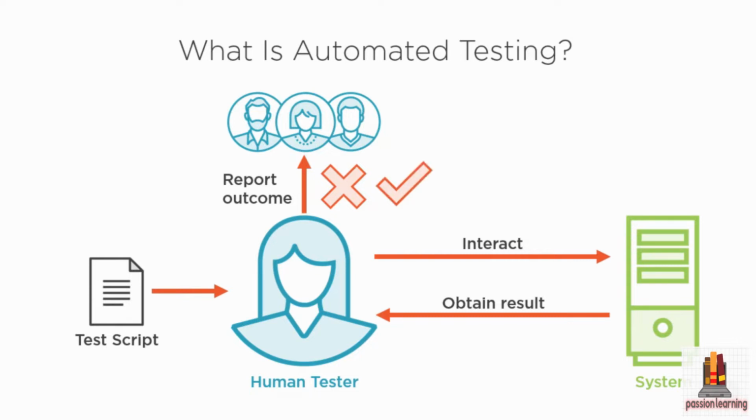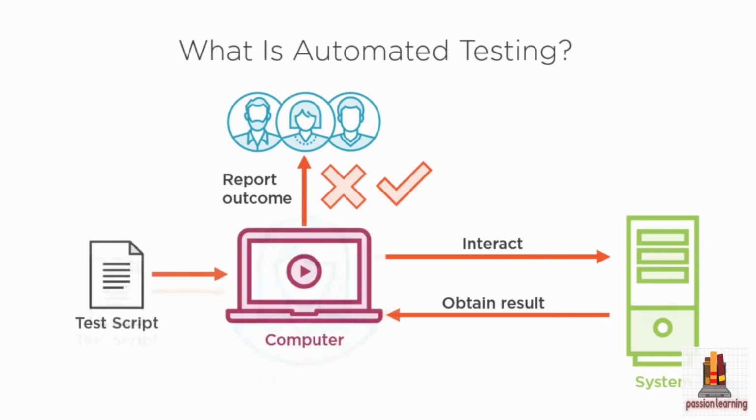The two biggest changes for automated testing are that the human tester is now replaced with a computer. So it's the computer's job to interact with the system that we're testing and obtain the results. Because the computer has to execute the test now, we can no longer use a Word document, for example. Instead, we use test code.